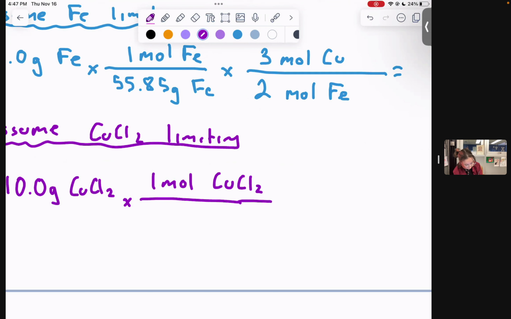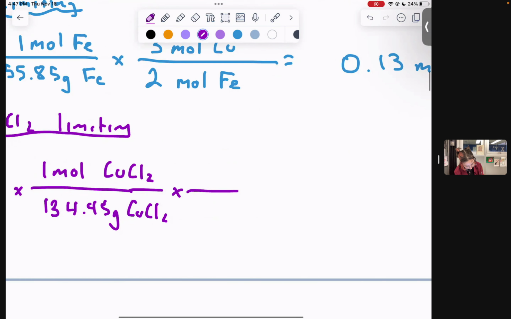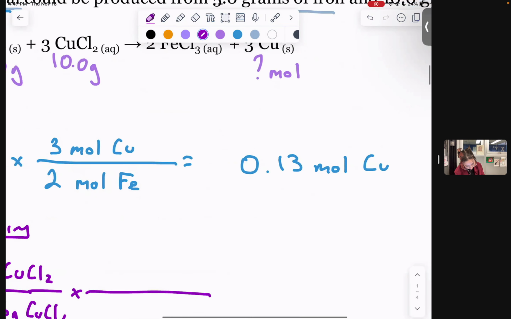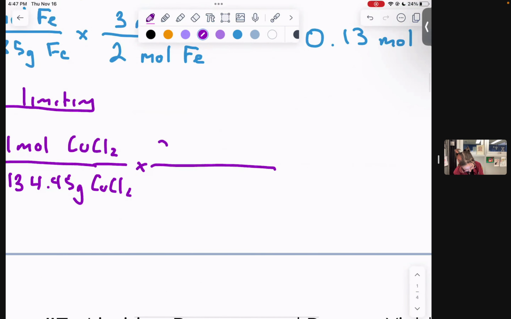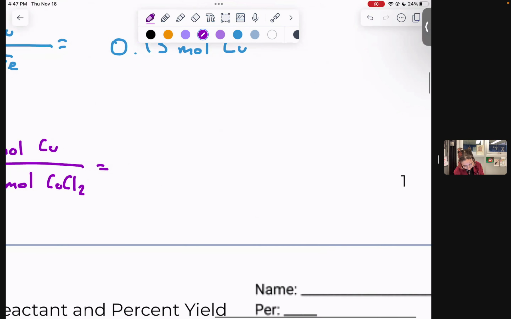We can be in this boat together. And from my balanced equation, 3 moles of each. Changing into moles of copper, canceling out moles of copper chloride. And what I would get out of this one is 0.0744 moles copper, 3 sig figs.